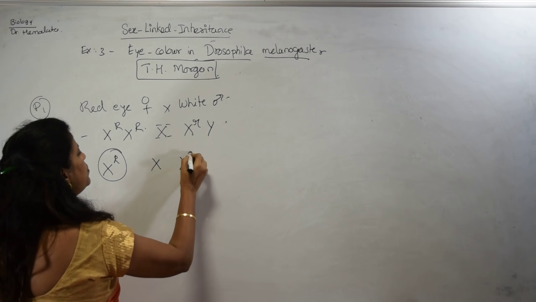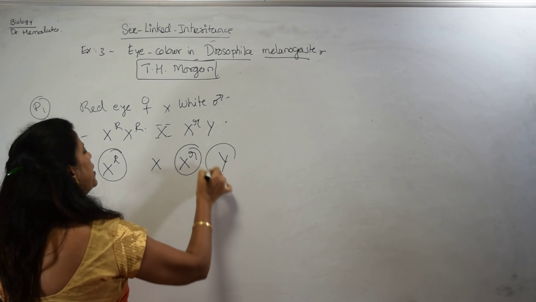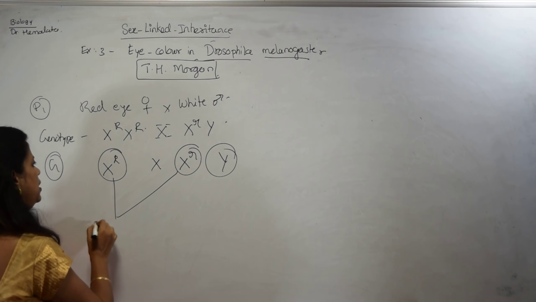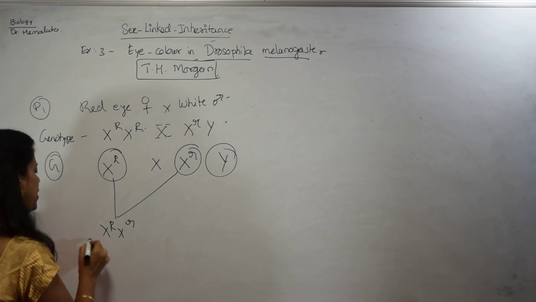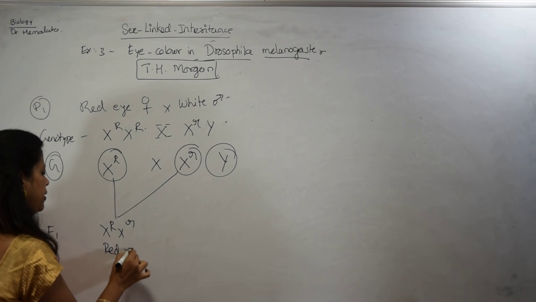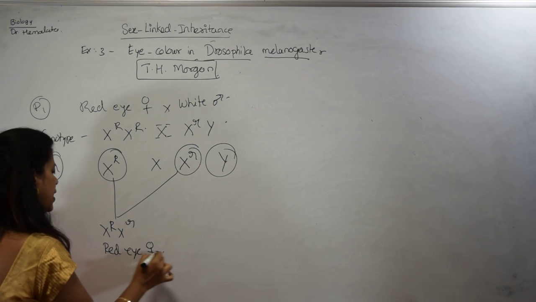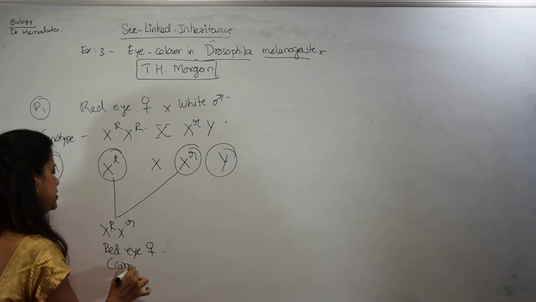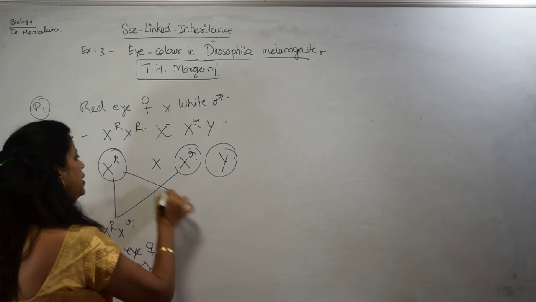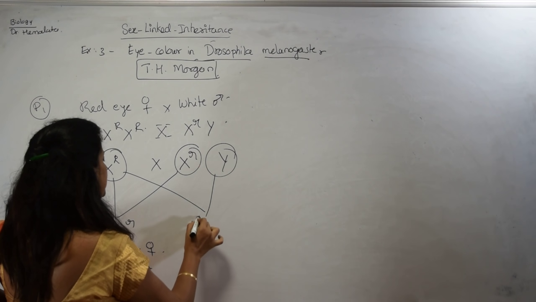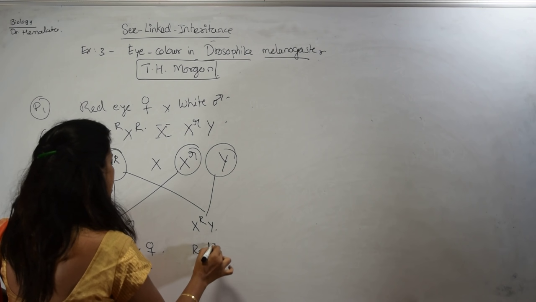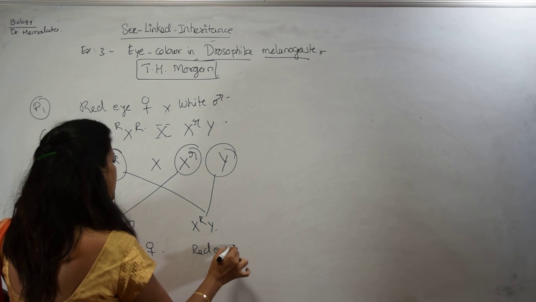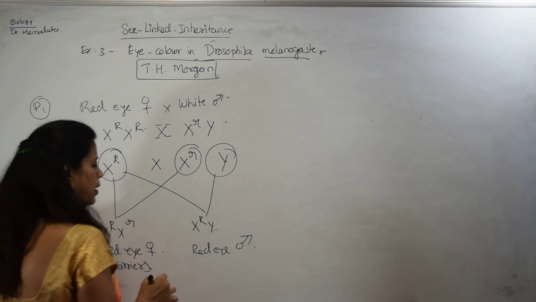Here it will produce X small r one gamete, Y another gamete. Fertilization, X capital R, X small r. This is going to become, this is F1 generation. This is a red-eyed female. But what is it? It is a carrier. If this is the cross, X capital R and Y, this will be a red-eyed male, normal, right?